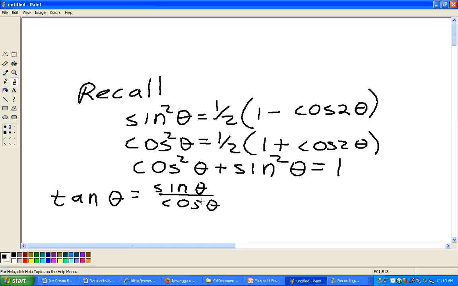I'd expect you to know that the tangent is sine over cosine. I'd expect you to know that secant is 1 over the cosine.